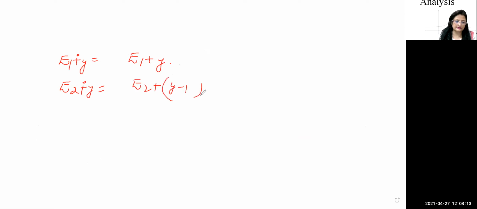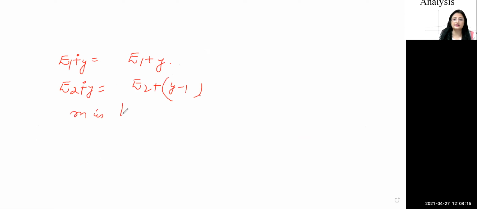So we have converted the translate modulo into simple ट्रांसलेशन ऑफ द वेरिएबल्स में हमने उसको कन्वर्ट कर दिया, सो दिस बिकम्स e1 प्लस y एंड दिस ट्रांसलेट मॉडुलो बिकम्स e2 प्लस y माइनस 1.